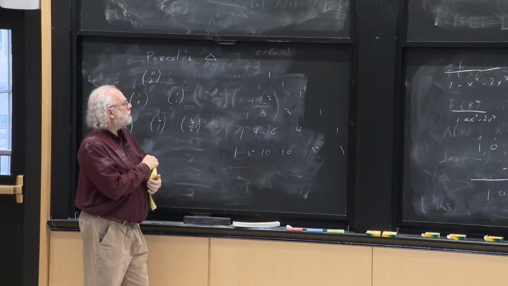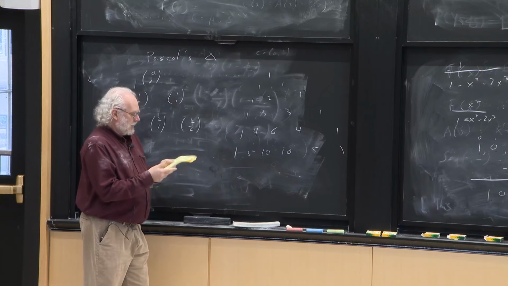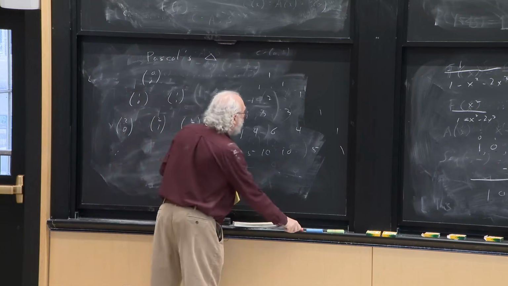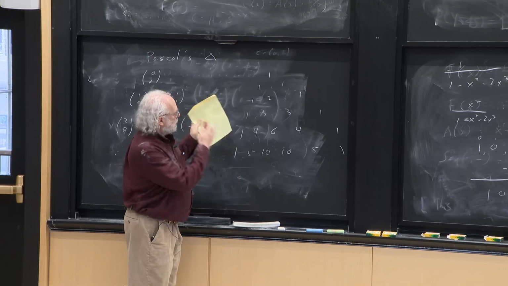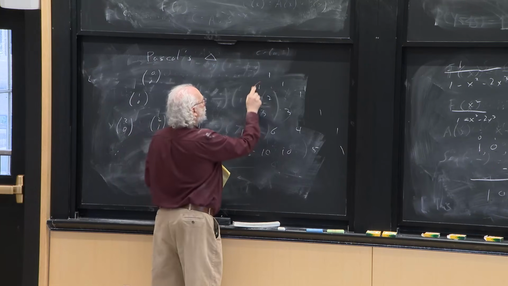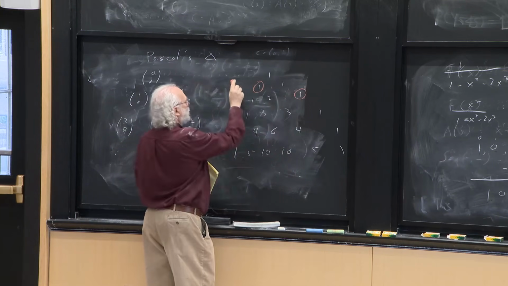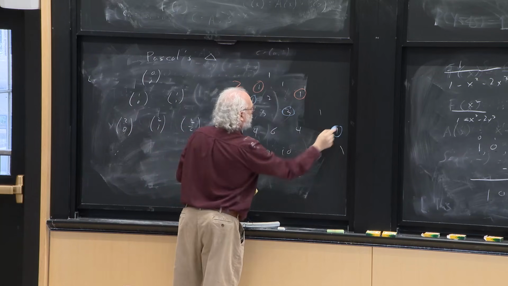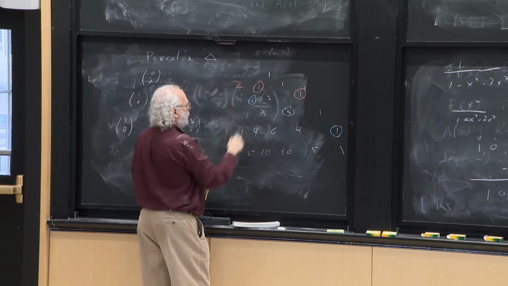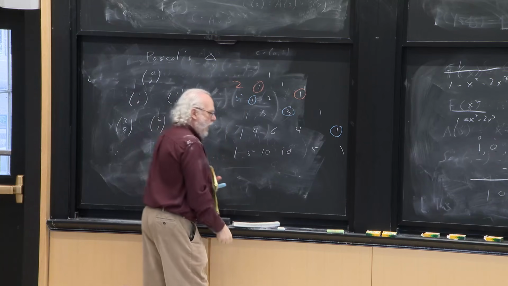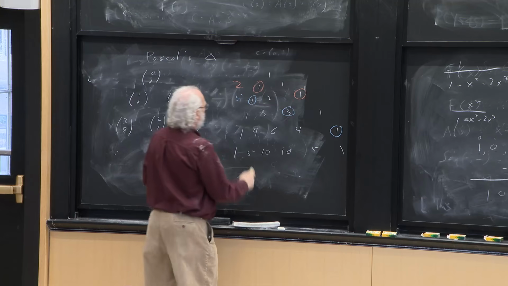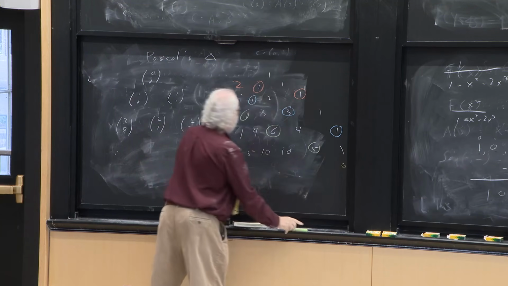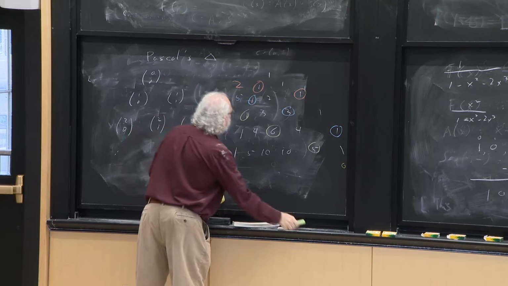So suppose you're just looking at this and you start to sum, and you ask, what happens if I sum diagonals of it? Let's take 1 plus 1, that's 2. 1 plus 3 plus 1, that's 5. 1 plus 6 plus 5 plus 1, that's 13.